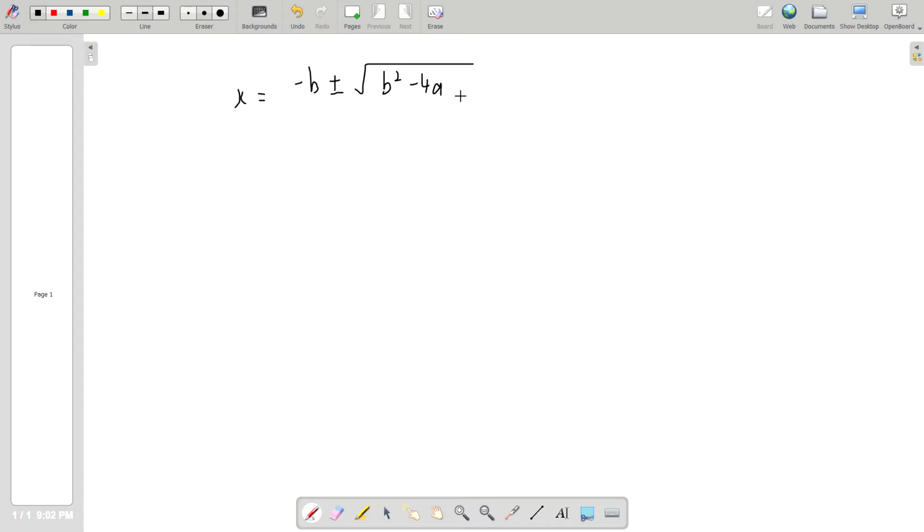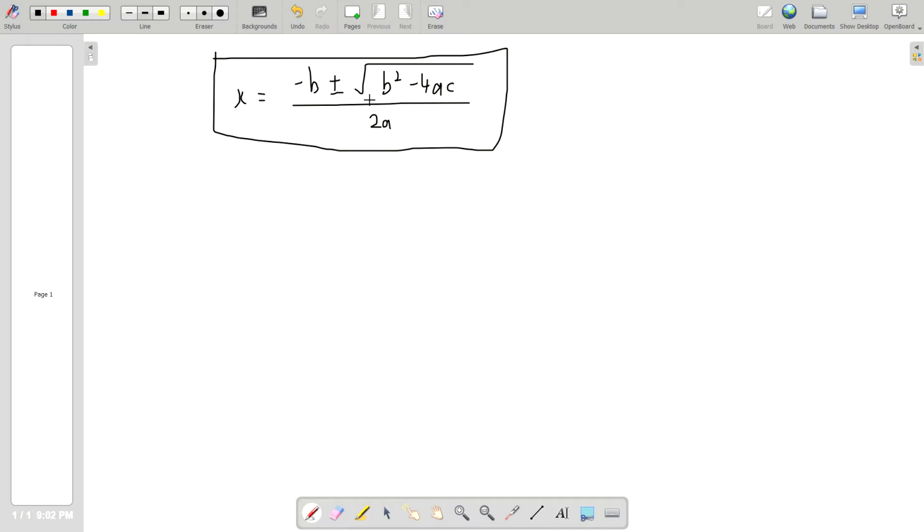You're in like year 9 or year 10 maybe, or you're in your first year of high school, you've probably seen this formula many times, right? x is equal to negative b plus minus square root of b squared minus 4ac over 2a. I'm just going to show one of the common proofs as to why this formula is the way it is.